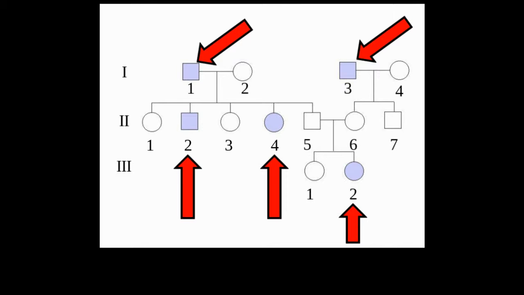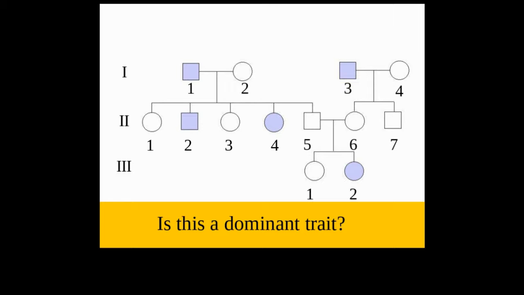Those individuals that have the trait that's being followed, this might be some sort of disease, a disorder, some sort of challenge that they're afflicted with, those individuals are indicated with shaded symbols. Is this a dominant trait?